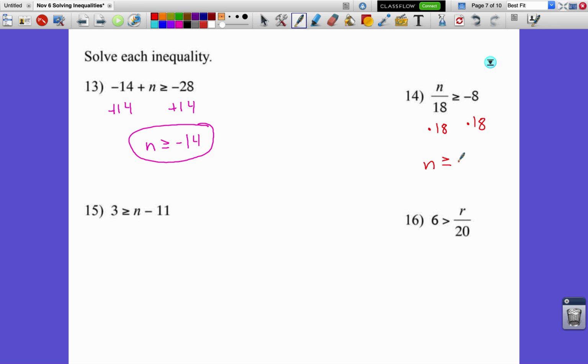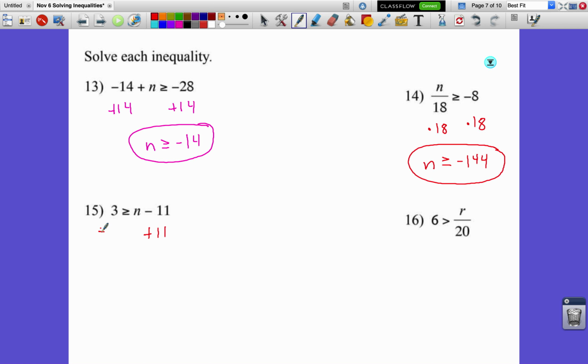This negative up there, so it's really negative 144. That being negative does not mean that this symbol flips. The step itself has to be negative. So nothing flips here, and we're left with n is greater than or equal to negative 144.